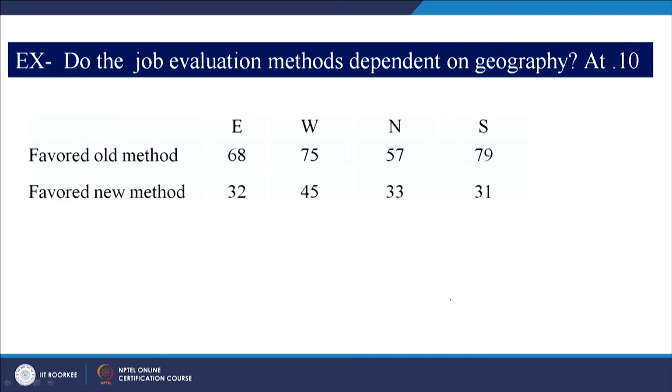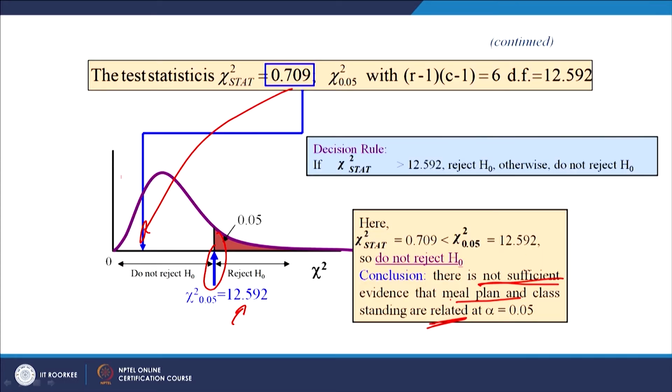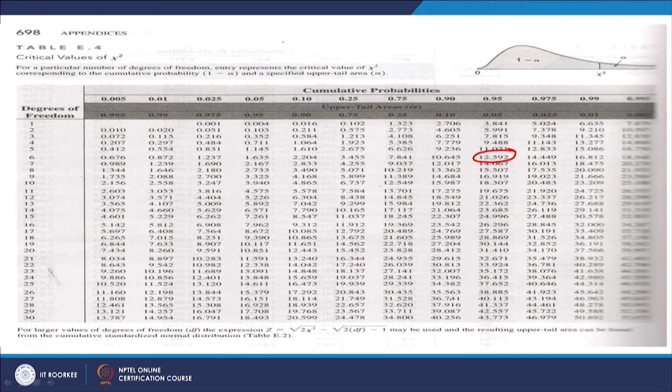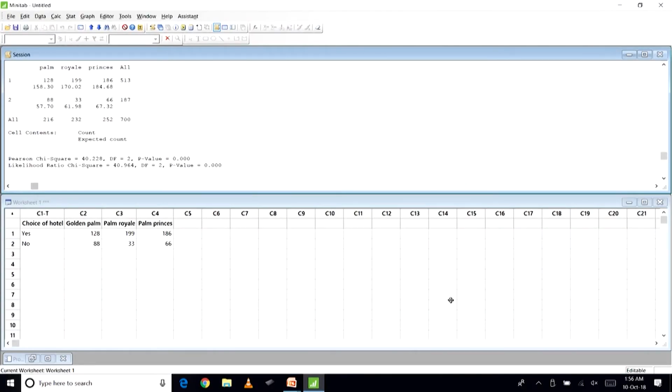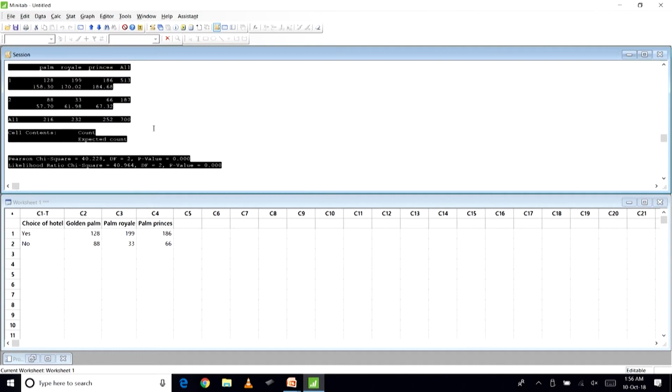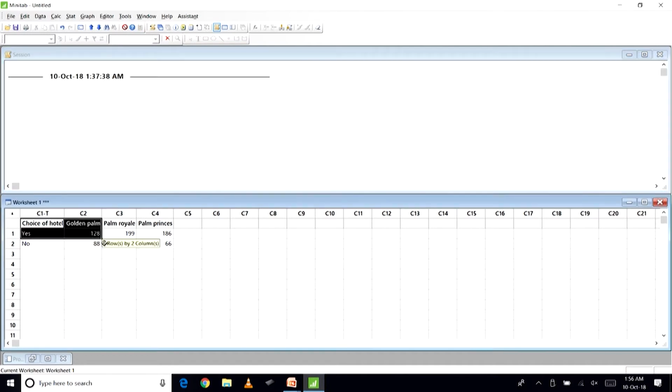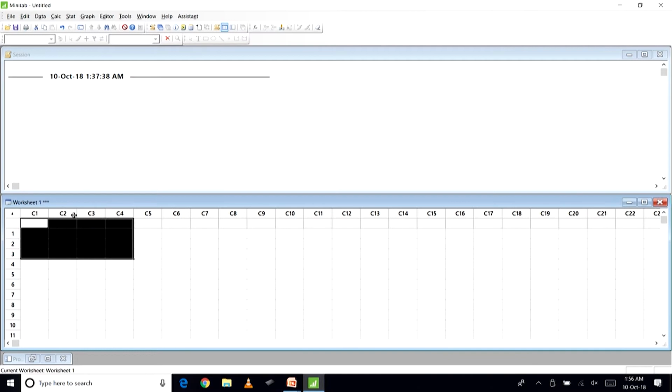Okay. So, let us look at how to solve this question using Minitab. So, first of all you just delete all this output and we will have data entry once again. So, class standing first, second, third and fourth year, right. You have got different meal plans, 20 per week, 10 per week and none per week.